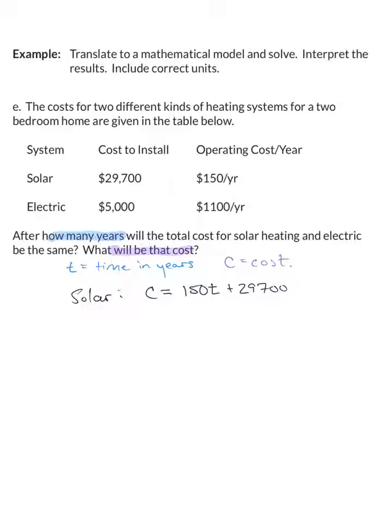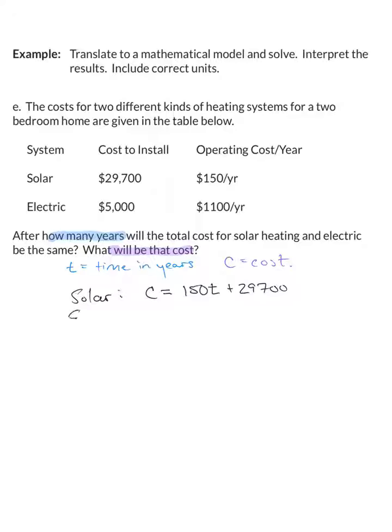Okay, why is that? Well, we need to multiply the 150 by however many years we're running this. Now the cost to install, this is a one-time fee, so it's a constant. So that is our first equation.